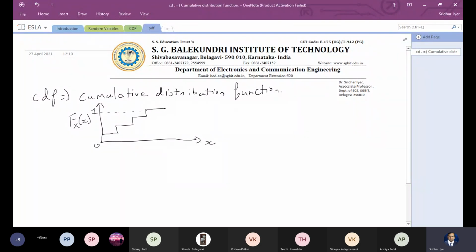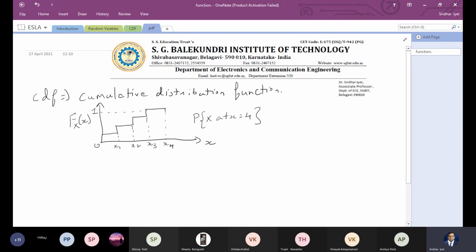It starts with a value of 0, and each of those lines are x1, x2, x3, and x4, right? So with this CDF graph, I can calculate the probability of the random variable X at x equal to 4.